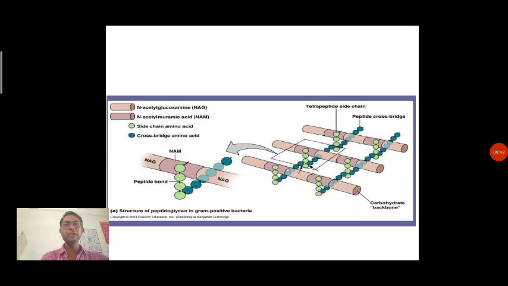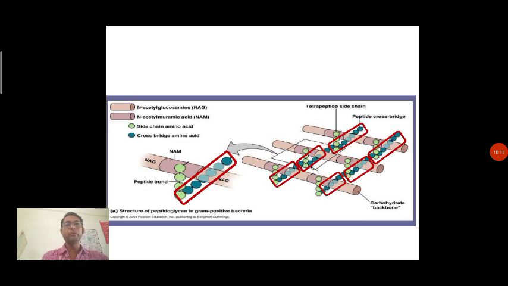Now this is the structure of the bacterial cell wall, which is provided with the additional material. Here you can see the amino acids, the side chain of amino acid which is attached with the NAM, and these are the cross bridge of amino acid.